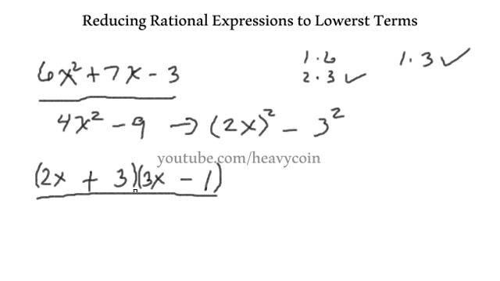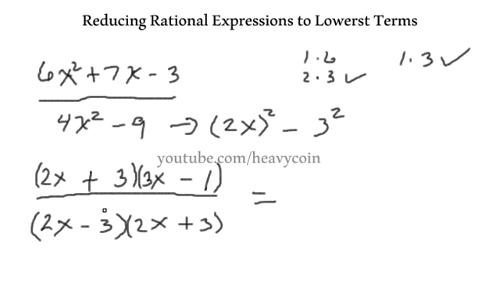And we can actually factor that as 2x minus 3 times 2x plus 3. And if you haven't seen that before, you need to go into the binomial section, factoring binomials.